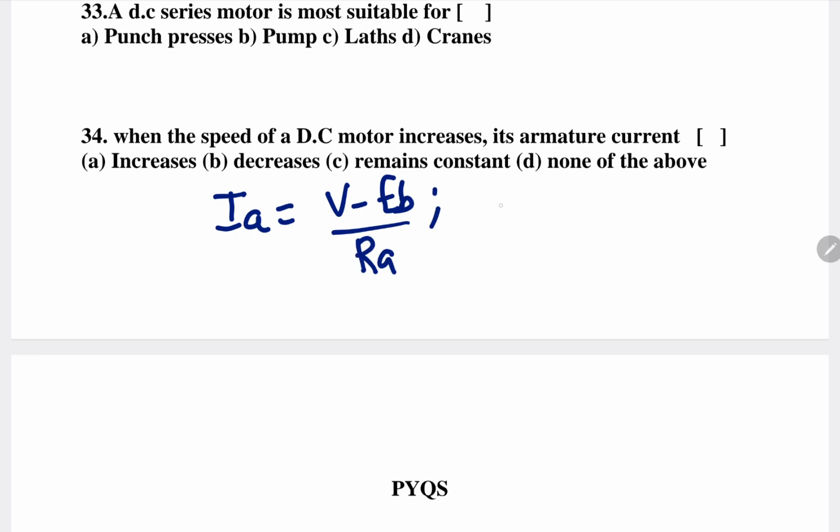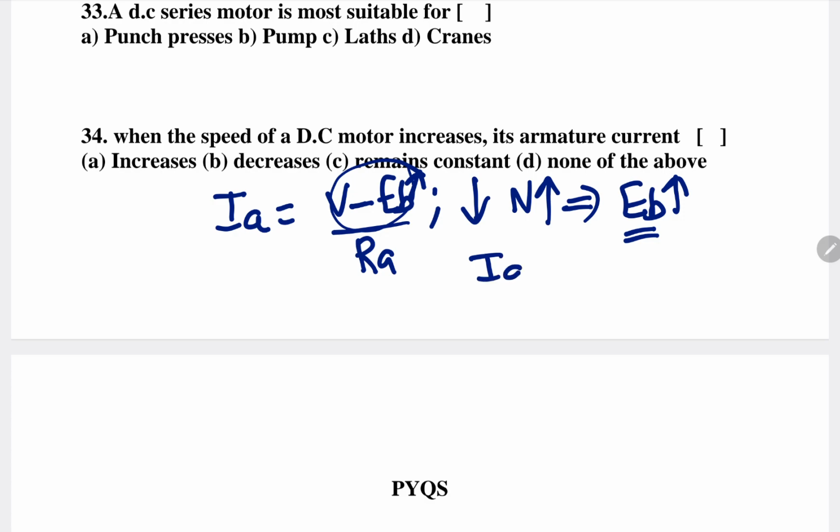If the speed of the motor increases, the back EMF increases, because when the armature rotates at high speed, flux cutting will be more and back EMF will be more. So this subtracted value is more, which means the total value is going to be less. The armature current is going to decrease. The answer is B.